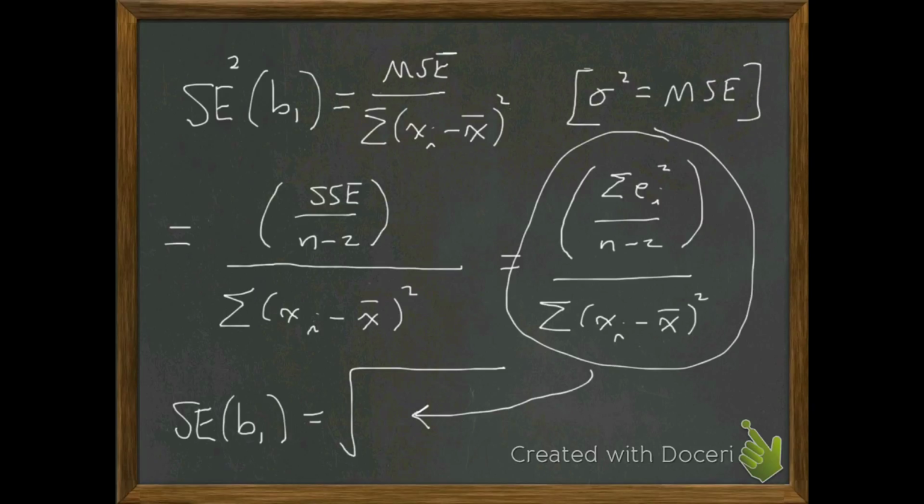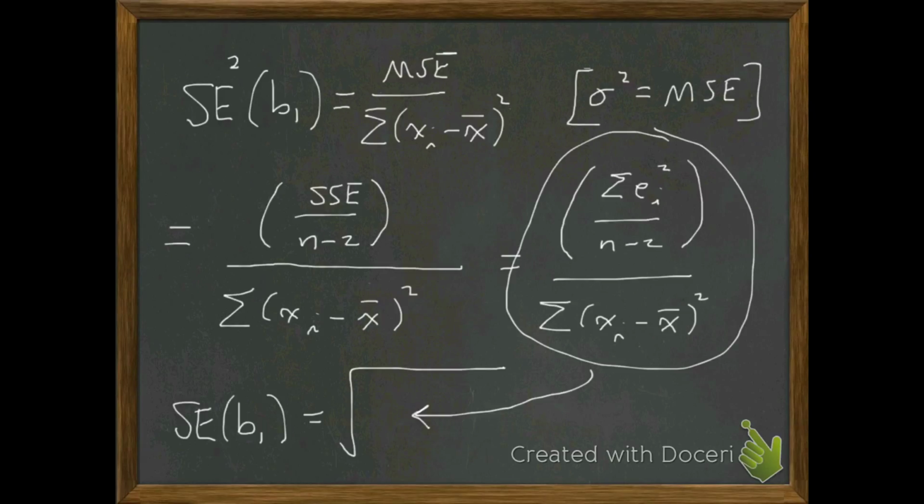So the first thing we want to do in our calculations is come up with those parts: the sum of the errors squared, n minus 2, and our sum of the x sub i minus x bar squared.